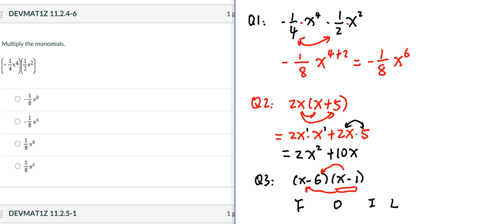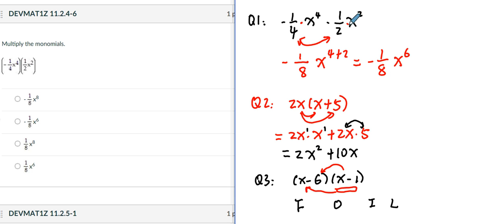Now, let's look at the first question here. The first one is the monomial negative 1/4 x to the 4th times the second monomial 1/2 x squared. Between 1/4 and x to the 4th is multiplication.